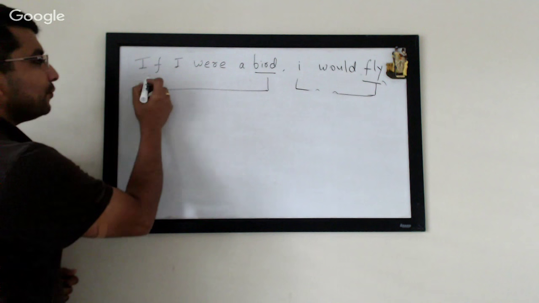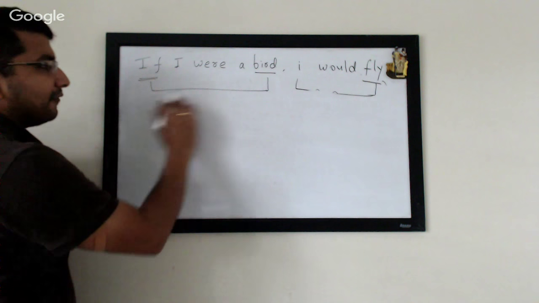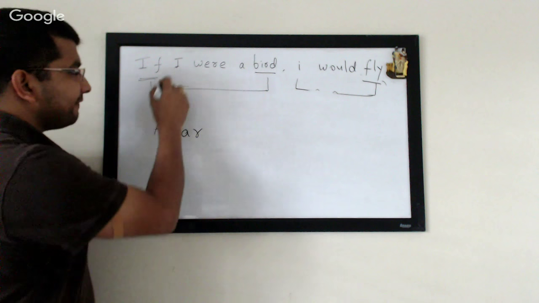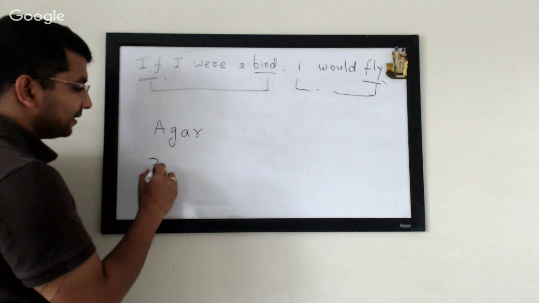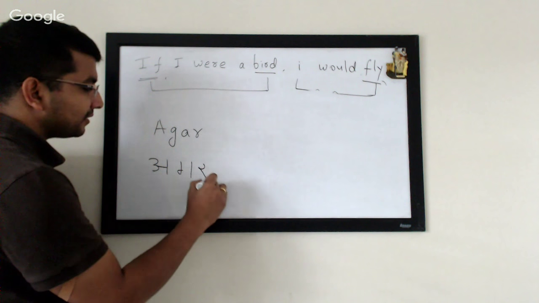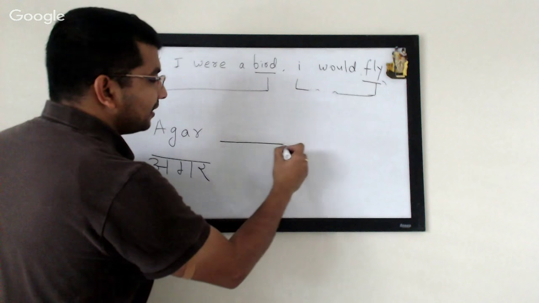Now, next thing you want to know is what is the structure, right? Two things are very common whenever you have a conditional sentence like this in Hindi. First one is agar. Agar is if in Hindi, and the way you write it in Devanagari is like this: agar.